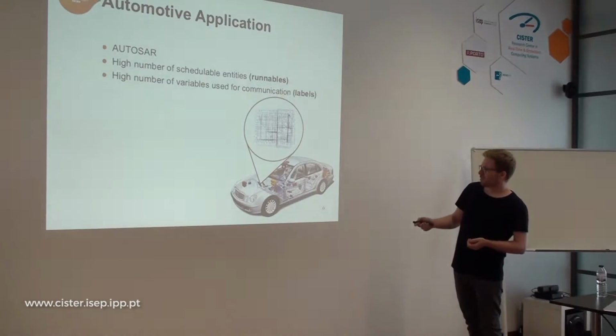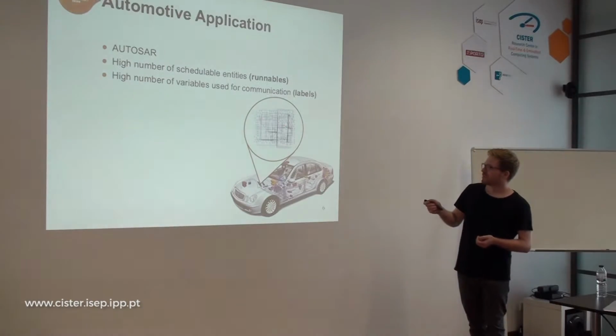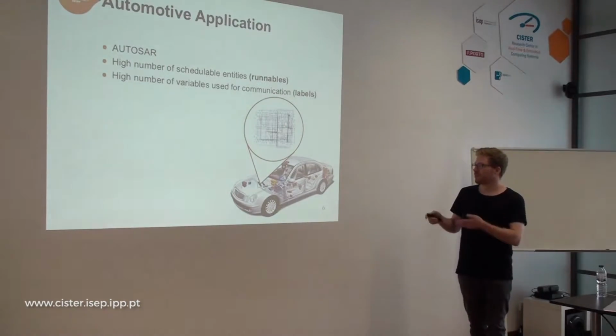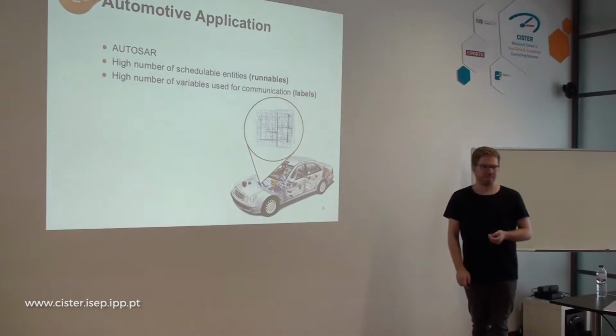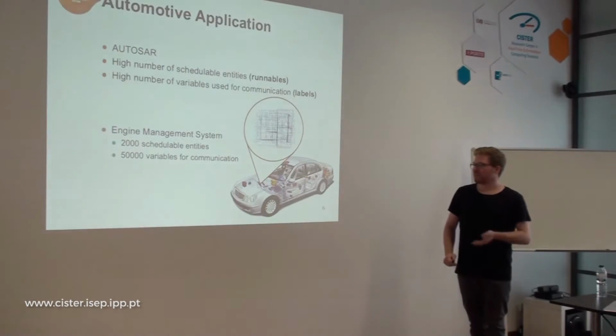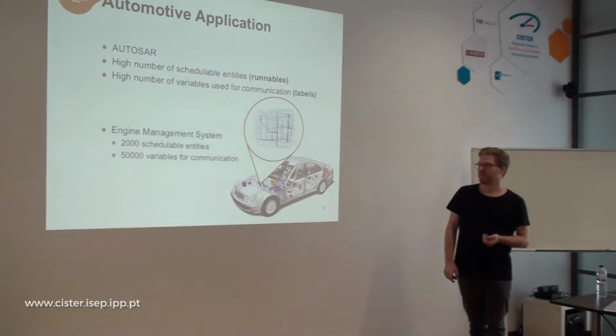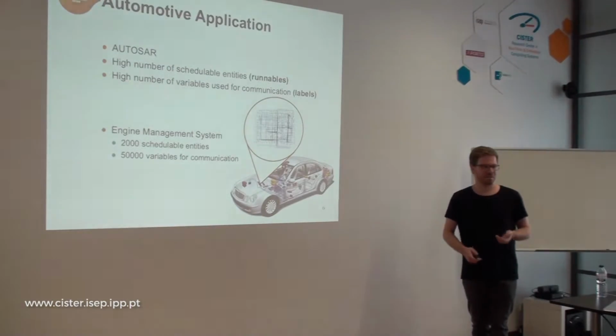Then if you look into one of those ECUs, usually we can find a lot of those runnables. Each of those squares is a runnable, and each connection line is basically communication over a shared variable, or label. So it's quite complex. An engine management system, for example, can have up to 2,000 runnables, and those 2,000 runnables communicate using 50,000 shared labels.